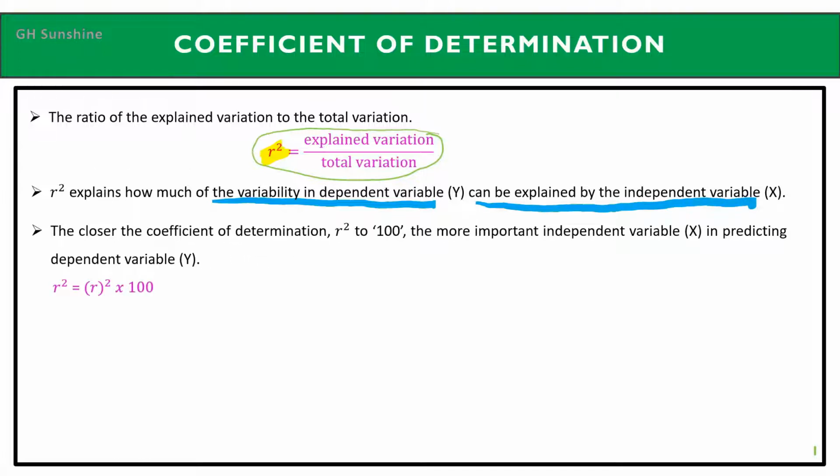The closer the coefficient of determination to 100, the more important the independent variable is in predicting the dependent variable. The formula based on correlation coefficient R is R squared times 100.